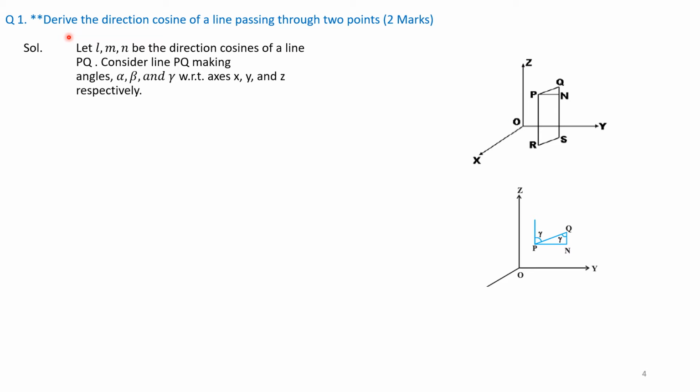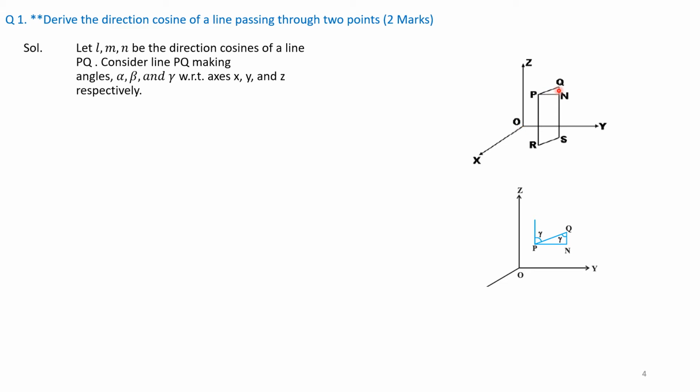Solution: Let l, m and n be the direction cosines of a line PQ. Consider a line PQ making angles alpha, beta and gamma with respect to the X, Y and Z axes.